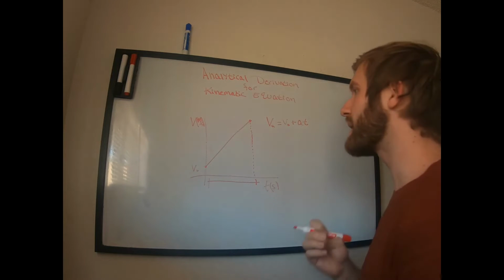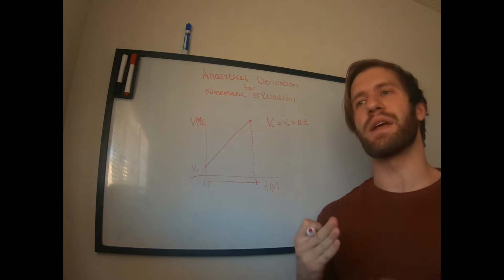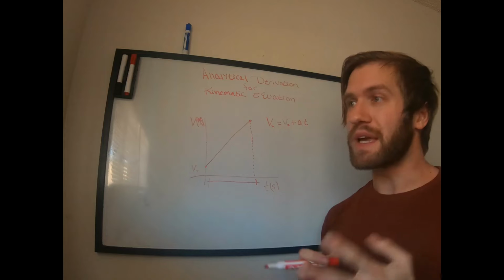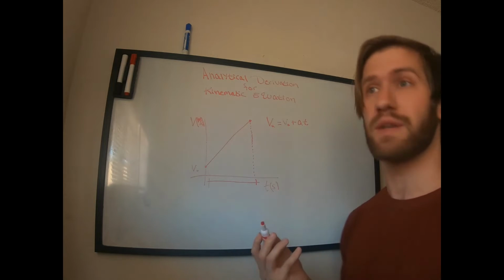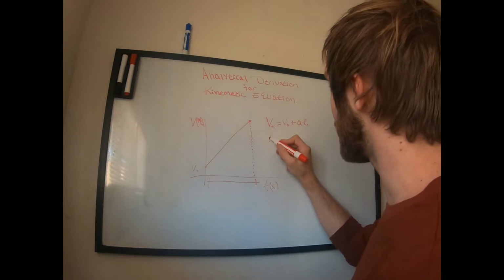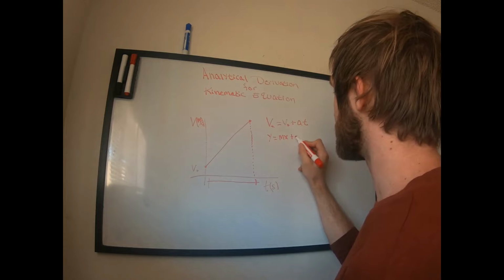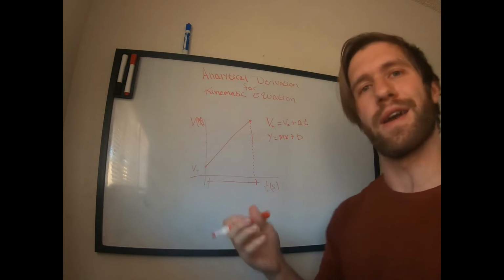Now, the way I like to go about this is thinking about it in terms of, if any of you have taken some beginner level math courses, you might understand the slope-intercept form. We have y equals mx plus b, right? So b is generally denoted along the y-intercept.